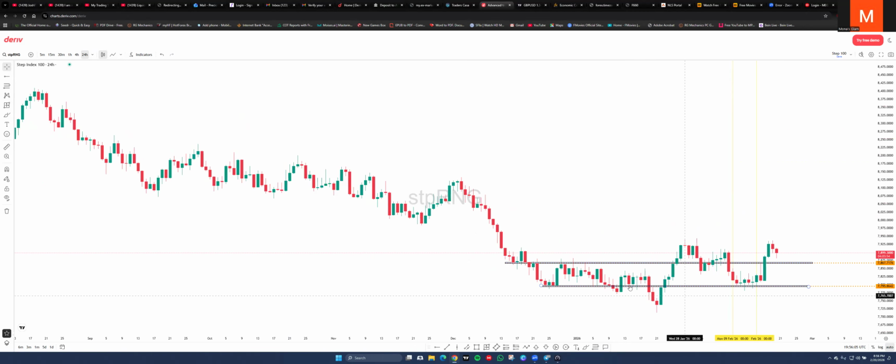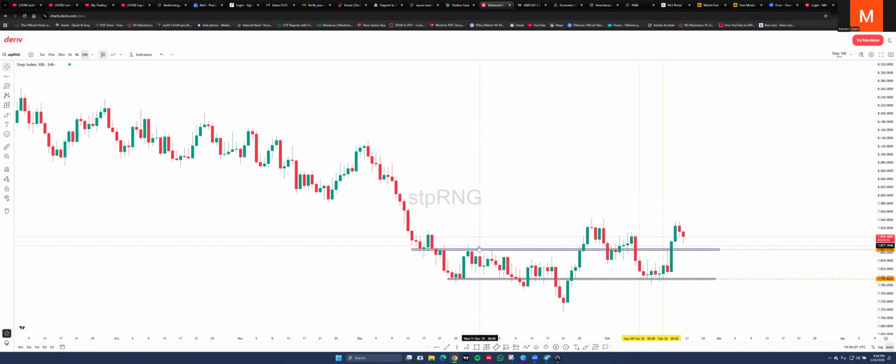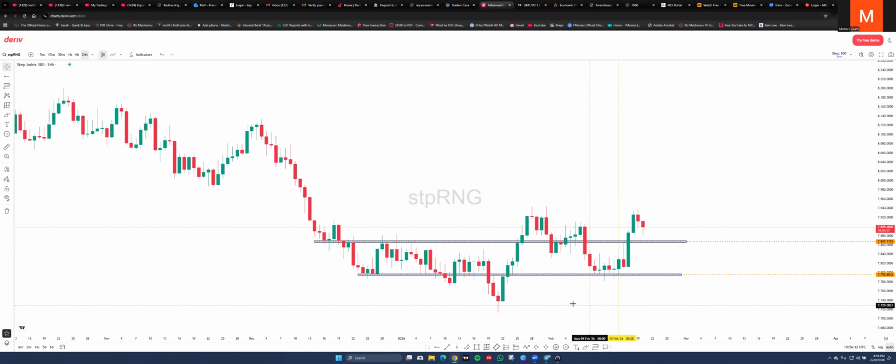Okay, so at this point we've done our map outs of the zones, the support and resistance zones, or supply and demand zones. So the next point is, what's the trend of the market? At this point, the market seems to be selling, but it has sold off and it's at a zone.